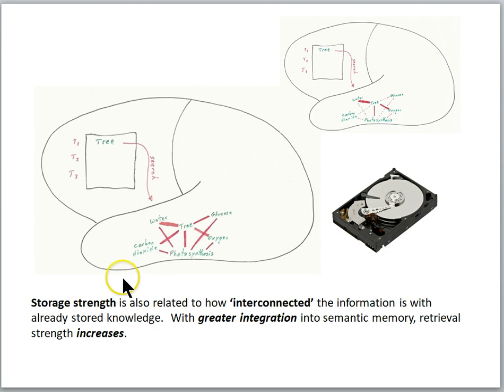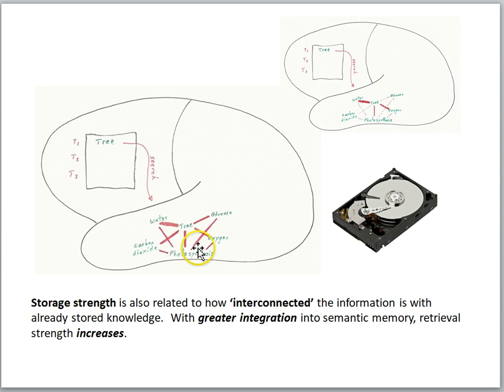Now, storage strength is also related to how interconnected the information is with already stored knowledge. With greater integration into semantic memory, retrieval strength increases. And that's our diagram here. When we have all these concepts that are related and strongly linked, it's easy to access that information because there are lots of handles to get at the information.